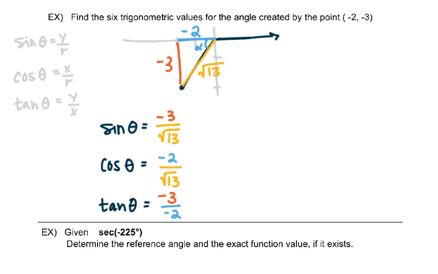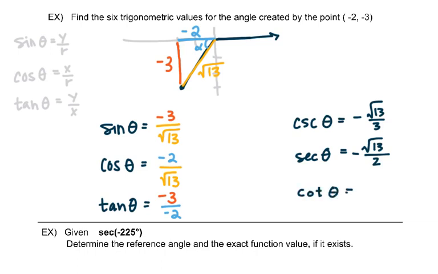So I'm going to simplify these, but before I simplify them, I'm going to go ahead and write my reciprocal function values. So cosecant theta is negative root 13 over 3. Secant theta is negative root 13 over 2. Cotangent theta is 2 over 3. So simplifying that, I've got sine theta.